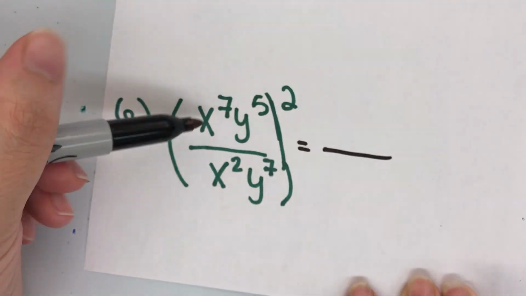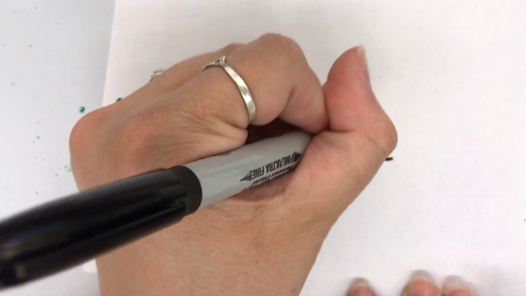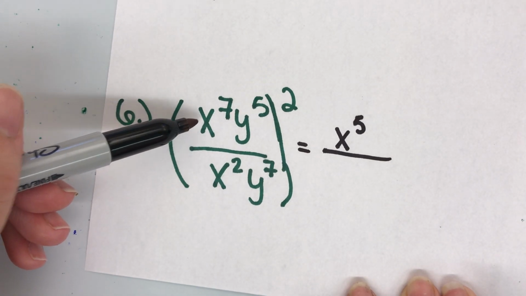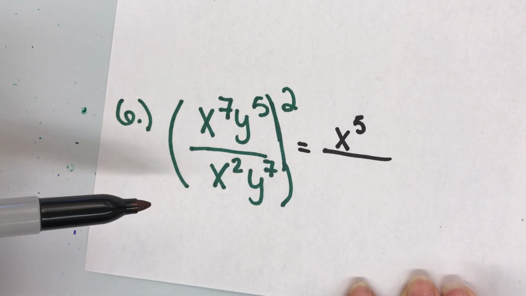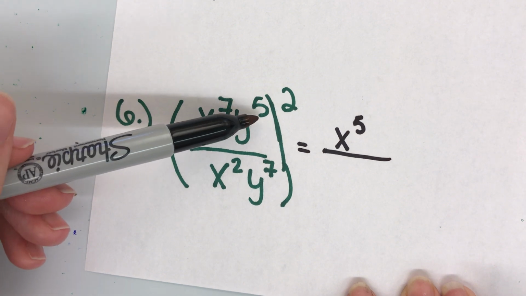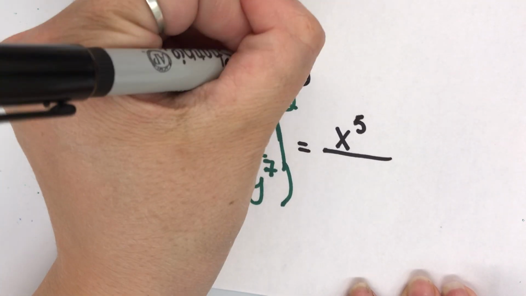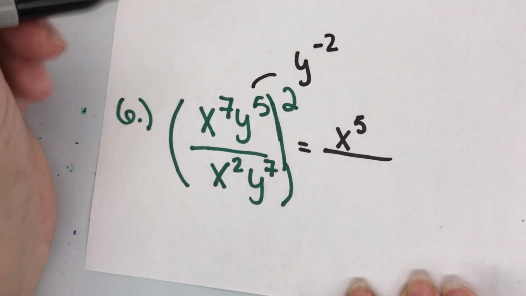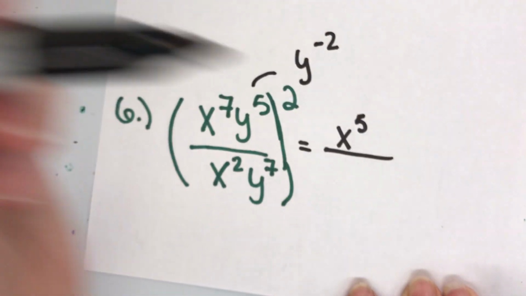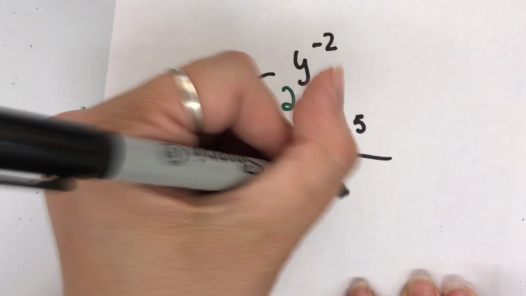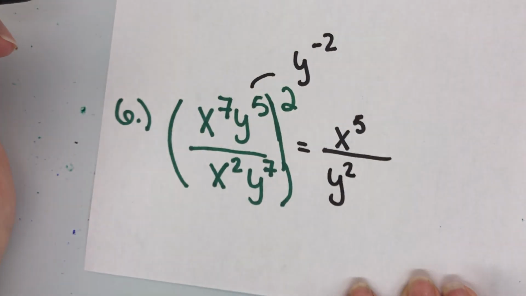And what I notice is that x is going to become x to the 5th because I have more x's in the numerator. 7 minus 2 is 5. For the y's, when I do 5 minus 7, I get y to the negative 2, which I could put up here next to the x, but because it's negative, I'm not going to actually leave it there. I'm going to stick that in the bottom.